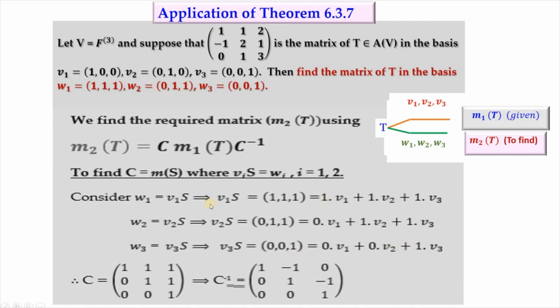See that whatever basis we have, the same basis should come here. Only then, when we consider the coefficients as first, second and third rows, we will get the matrix C. So here we have obtained the matrix 1, 1, 1, 0, 1, 1 and 0, 0, 1. We can easily compute C inverse, and this is what we get as our C inverse.